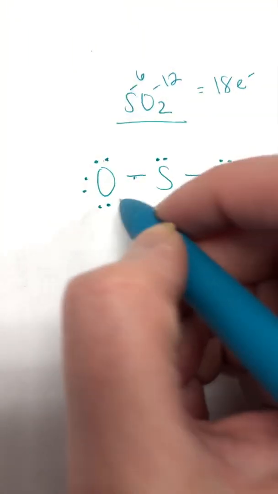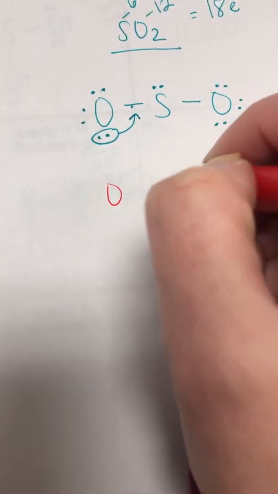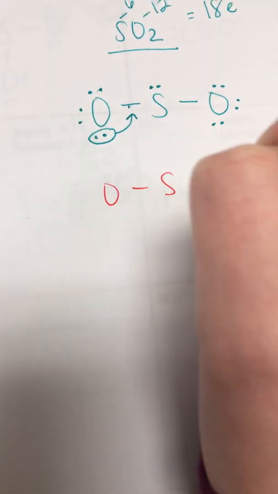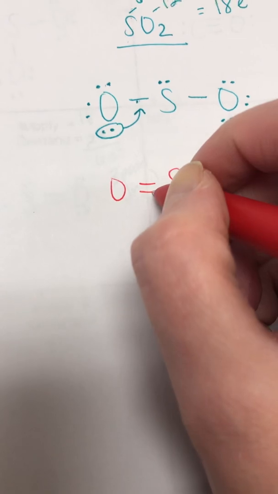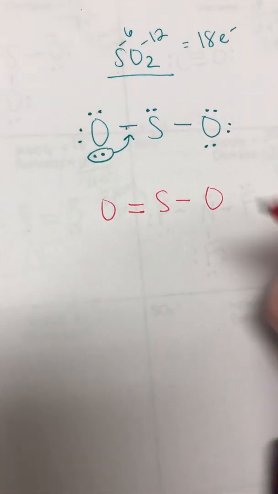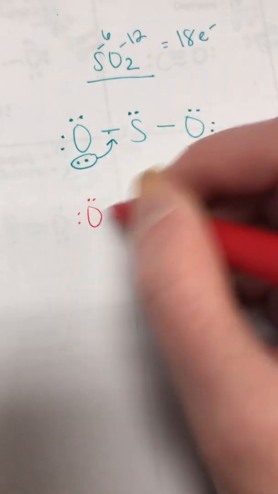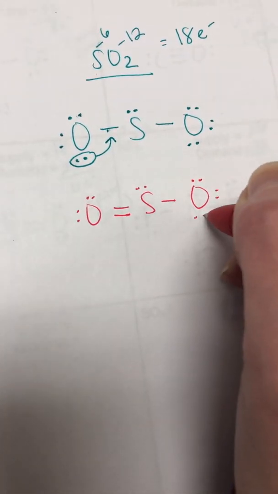It's going to have to take them from oxygen. So if this oxygen moves its electrons into a shared position, and then I rewrite what I have. So I have my original lines. If these electrons moved here into a shared position, so now I have 2 lines. Then I can just go in and fill in the other electrons that were there.